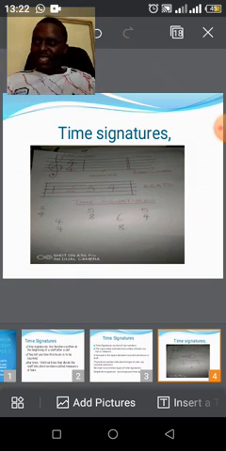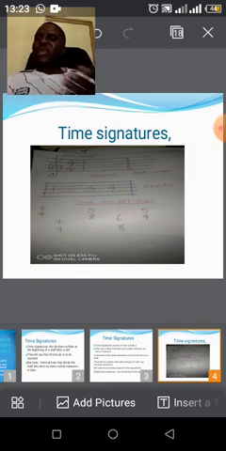Likewise, 4/4 means we have got 4 beats in a bar, or we have got 4 crotchet beats in a bar. But we may not always have crotchet beats in a bar.